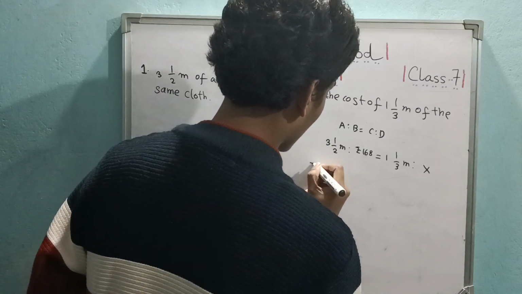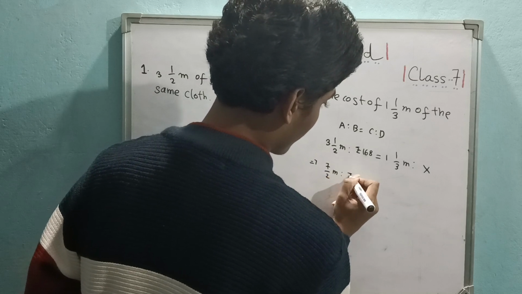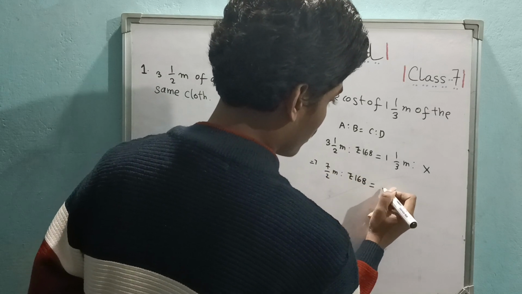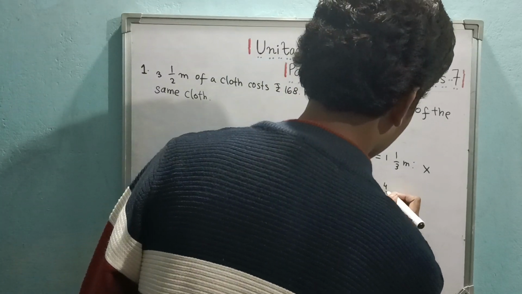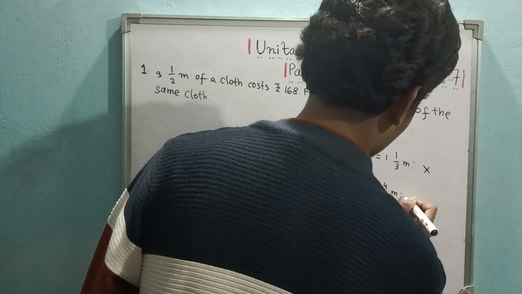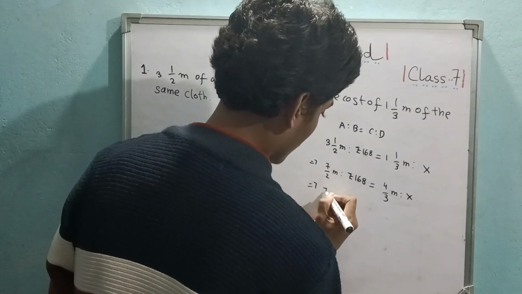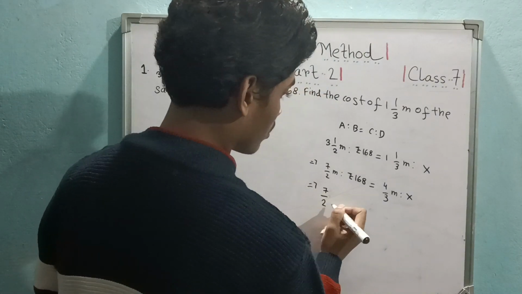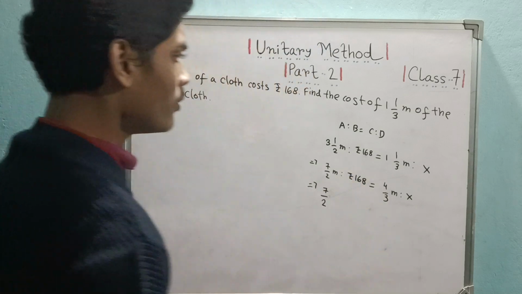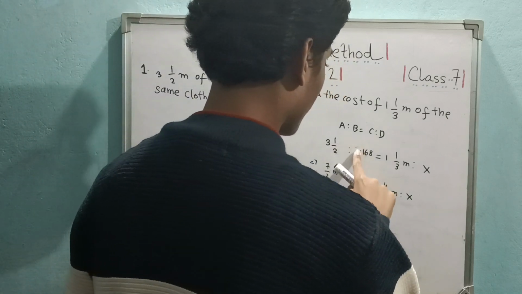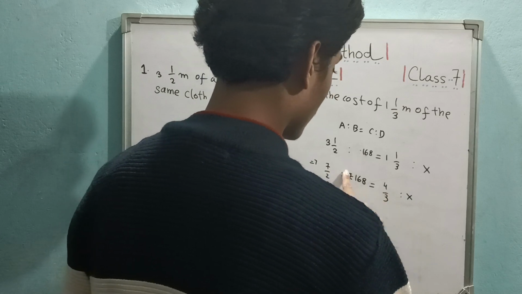Then 7/2 meter is to rupees 168 equal to 1/3 meter is to X. You don't need to write meter and rupees, it's much easier for you.